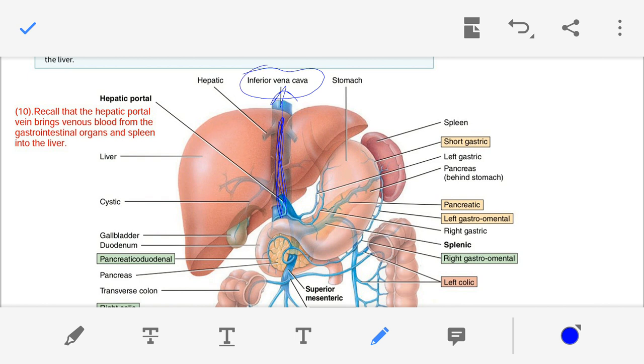See, the inferior vena cava is shown over here. The remaining extra nutrients, which are not required, will be stored in the liver, and this stored nutrient can be used in future. So nutrients are stored in the liver.